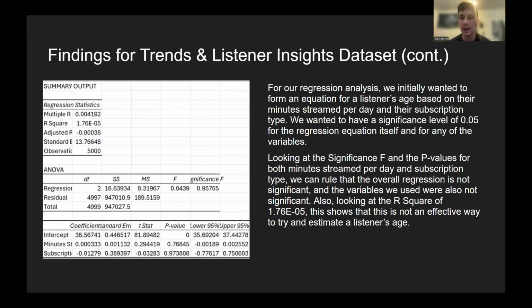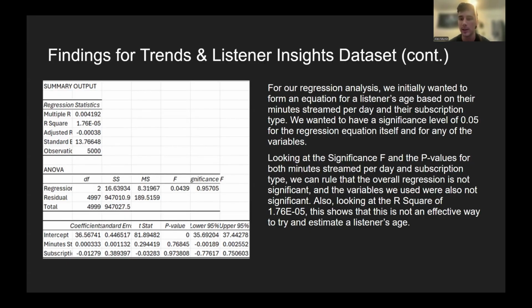And then this is another regression analysis that we have. For a regression analysis, we initially wanted to form an equation for our listeners' age based on their minutes streamed per day and their subscription type. We wanted to have a significance level of 0.05 for the regression equation itself and for any of the variables.